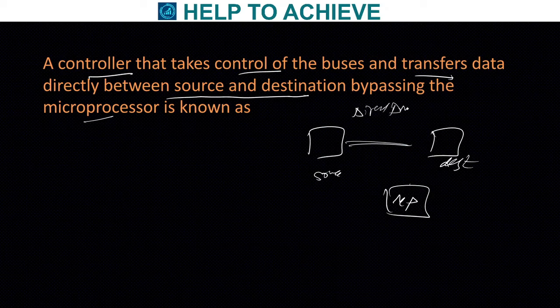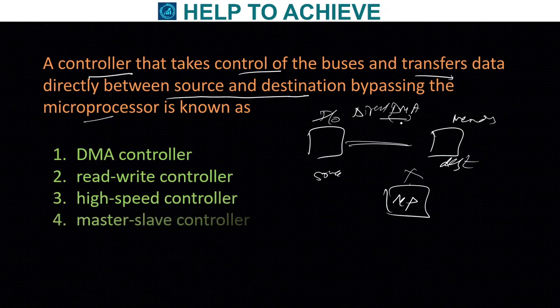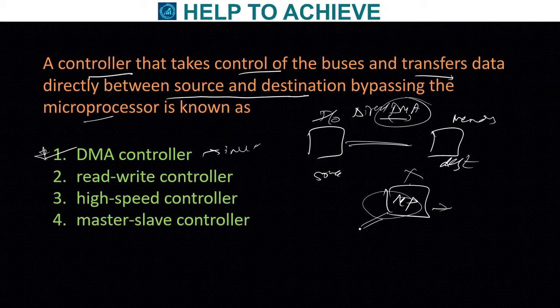The DMA controller directly transfers data from the input-output devices to memory, bypassing the microprocessor. This increases the efficiency, and in this time the microprocessor can do some other task. So this is the advantage.